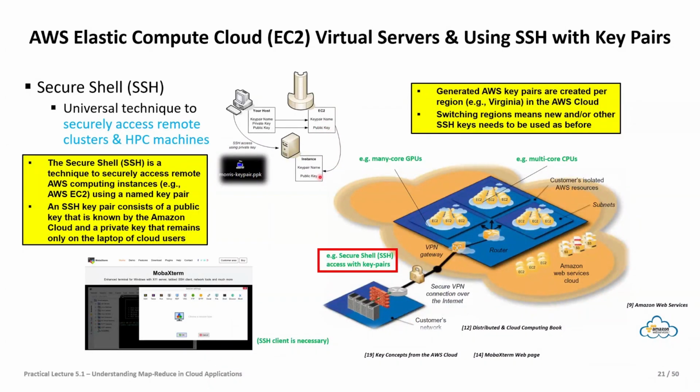Now, this is used wherever you start an instance of a certain kind, that the server will then ask you, do you have the matching private key for the public key? And the HPC course talks about this in much more detail than we do here today. Just take away the message that this is the modus operandi in general, also when you go to EC2 and the others, and you will usually have your private key pair protected with a password, maybe somewhere in a PPK file.